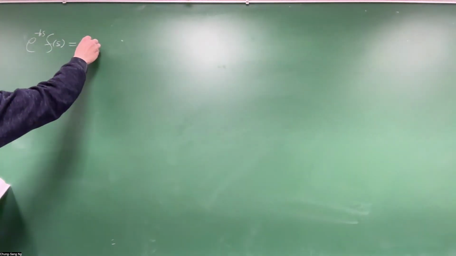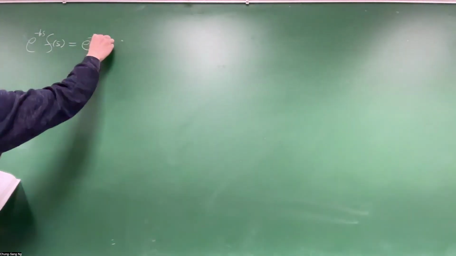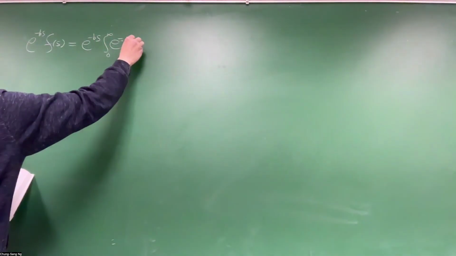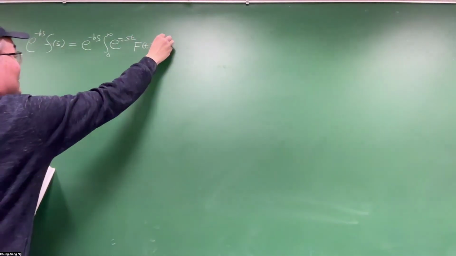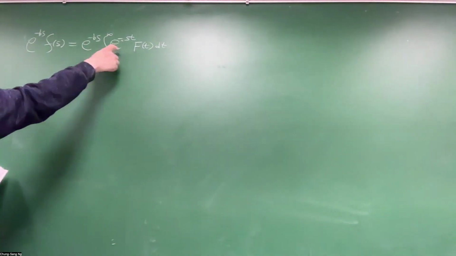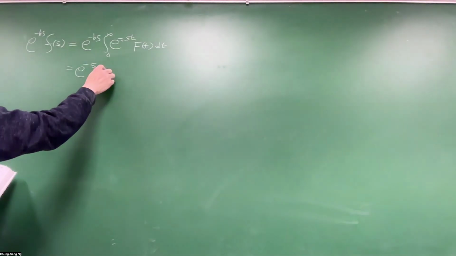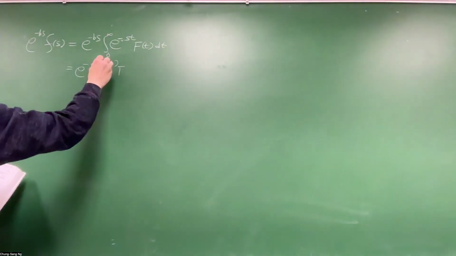So basically, you have e to the minus bs multiplied by the transform, minus s times b, f of t dt. Right. And you multiply this together, minus s times t plus b, right?